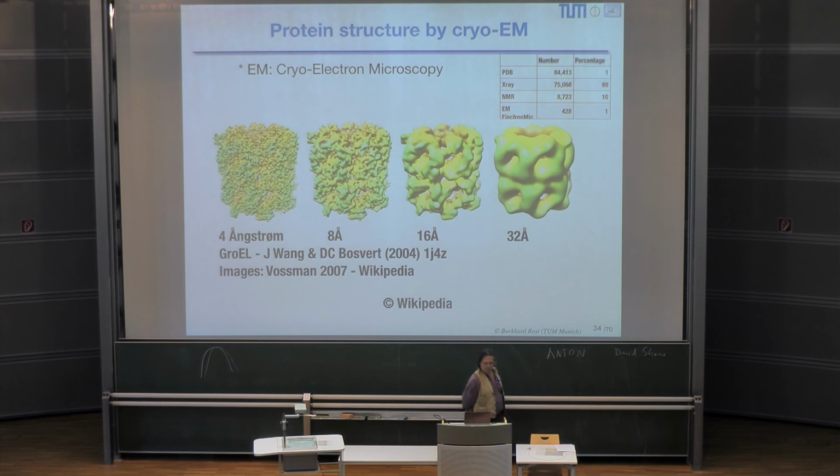Let's get back to other methods. And that brings us to the resolution. Resolution is, in some sense, cryo-electron microscopy. And again, we have big machines underneath. So 4 angstrom, 8 angstrom, 16 angstrom, 32 angstrom.